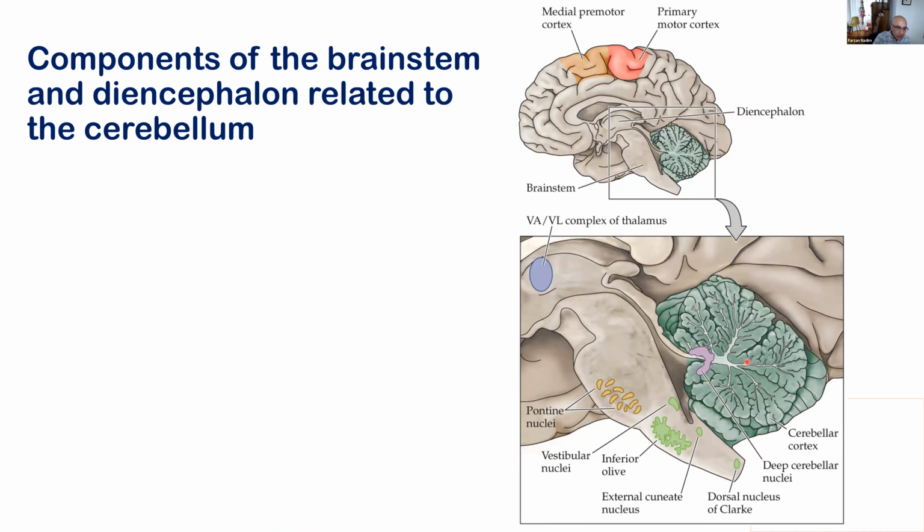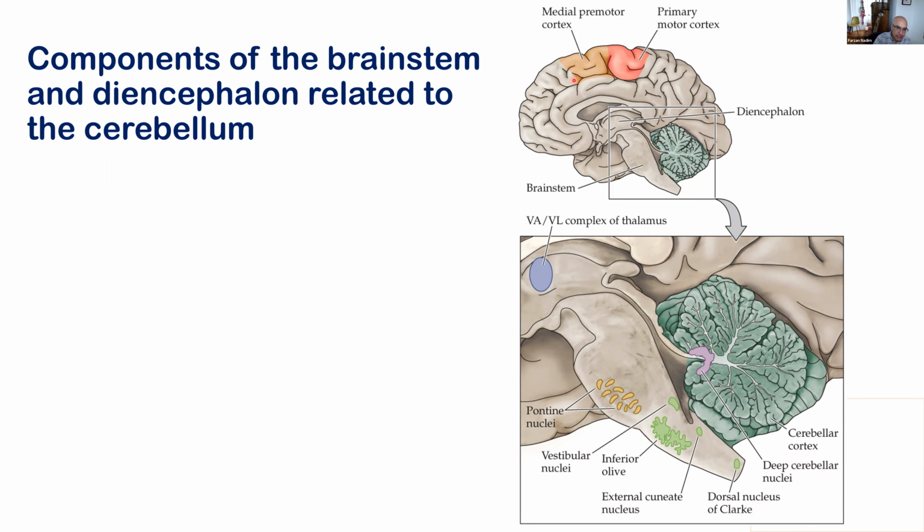So let's talk a little bit about who it is that the cerebellum is actually communicating with. I'll do this over many slides and I'll come back and summarize, and then I'll pause for you to ask questions about it. Again, only anatomy so far that I'm telling you. The inputs that come to the cerebellum from the cerebrum, for example, from the motor cortex, in fact, they come from all parts of the cortex.